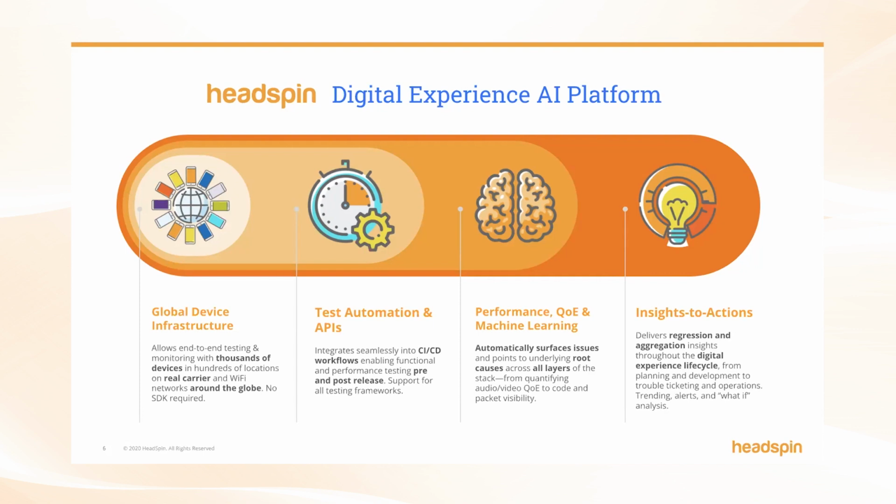Our open APIs give you the ability to export data and insights to any BI and data visualization platforms, as well as monitoring dashboards. The third pillar is where you'll find performance and quality of experience measurement. Our platform allows you to identify bottlenecks and issues by surfacing the underlying root causes from virtually all layers of your technology stack.